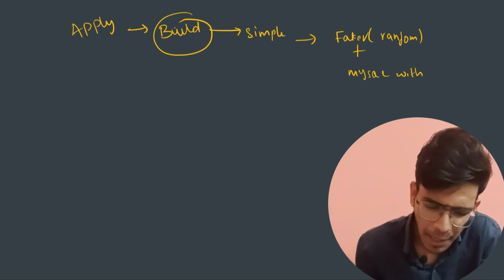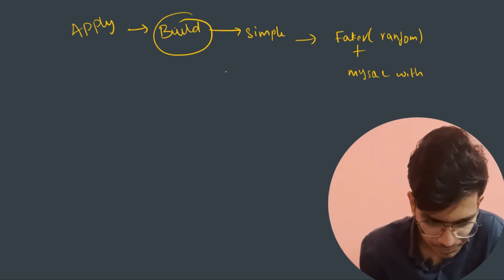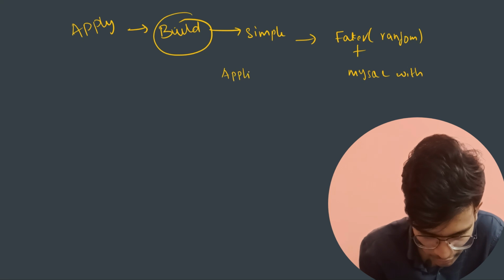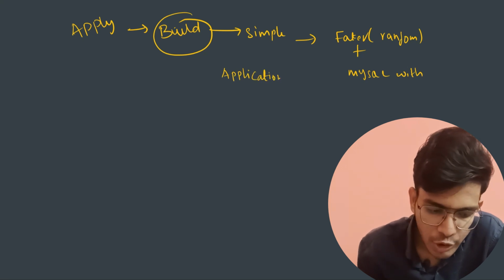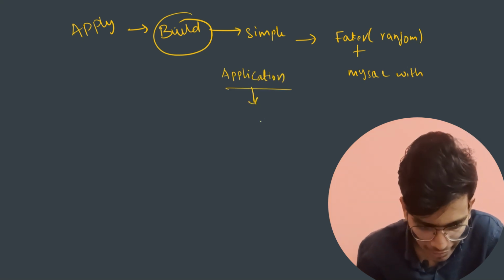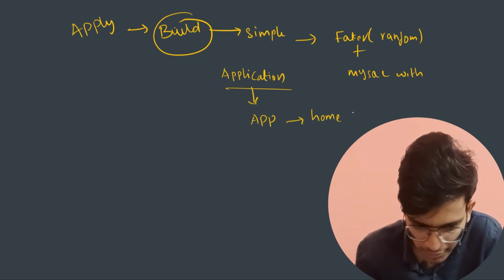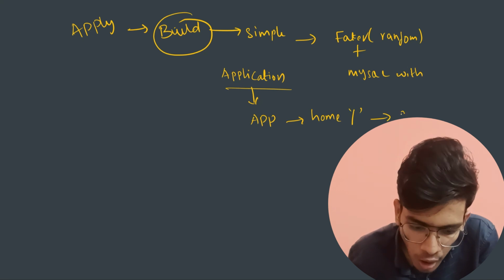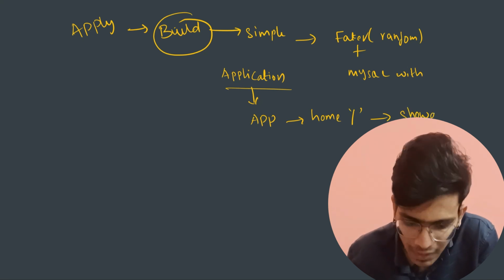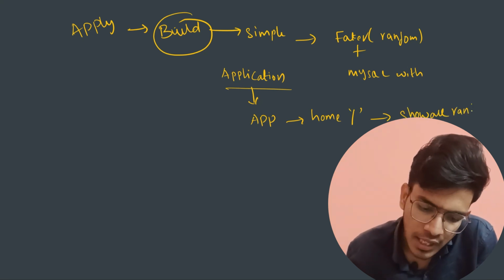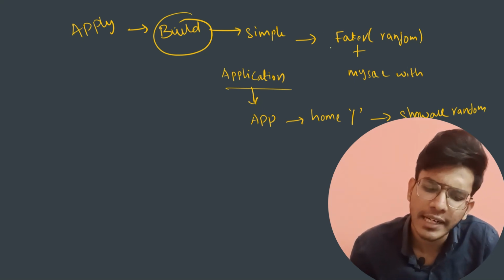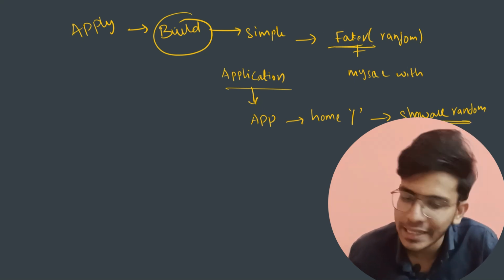So in this application, what we are going to do is that we will create an app, and in the home directory, we will show all the randomly generated data. Whatever this Faker.js will generate, I will show all the data, right?